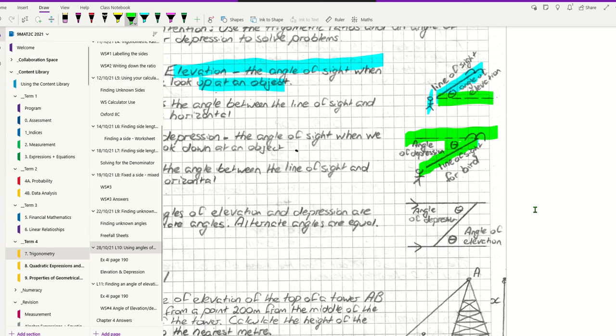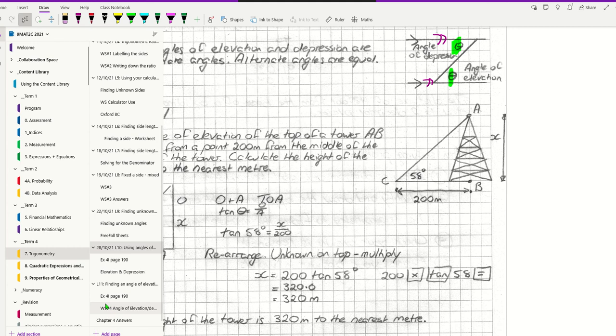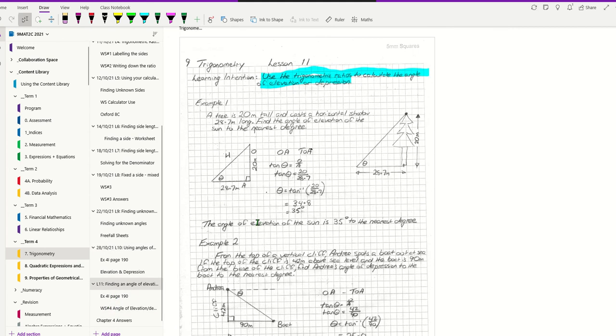Now the other thing we remember, if we remember our alternate angles, is that this angle in here is the same as this angle in here if these two lines are parallel, which they are. So they're equal. So the angle of elevation is equal to the angle of depression, which means that if we're working with drawings, we can simply transfer those angles. Okay, so let's get back and have a look here.